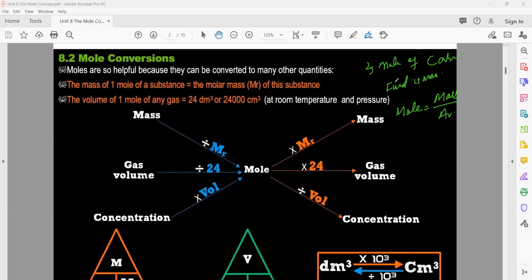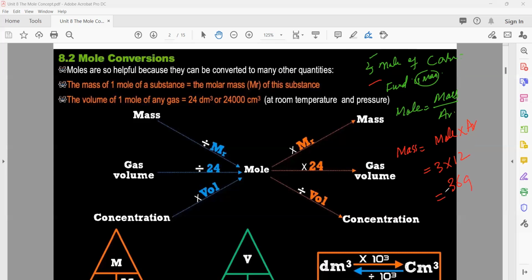But here, mole is given. What they need? They need mass. So change this formula into mass. New formula will be mass equal to mole multiplied by AR. So what is mole? 3. What is AR of carbon? 12. So answer will be 36 grams.